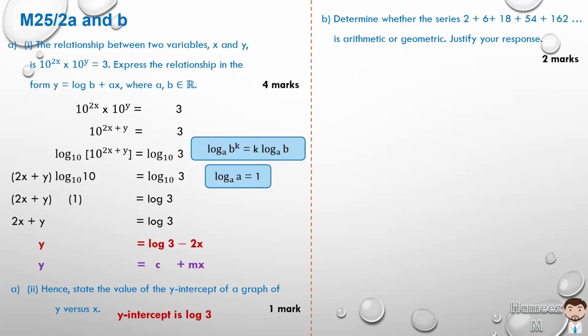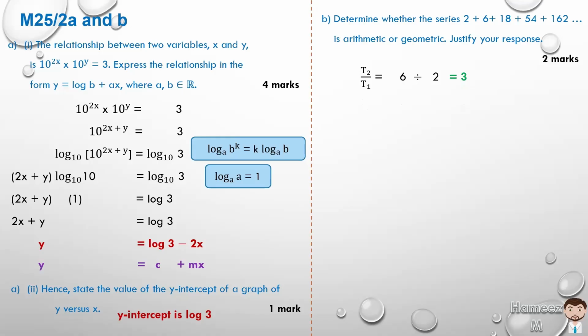Let's try dividing so that we see T2 over T1, which is 6 divided by 2, which works out to be 3. As such, to get the second term, we take the first term and multiply by 3. 3 times T1 is equal to T2.